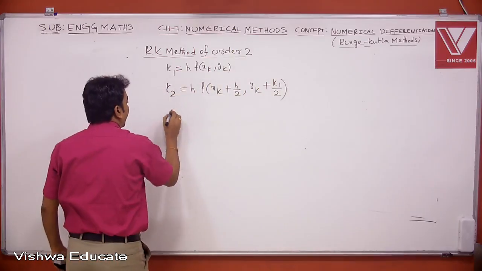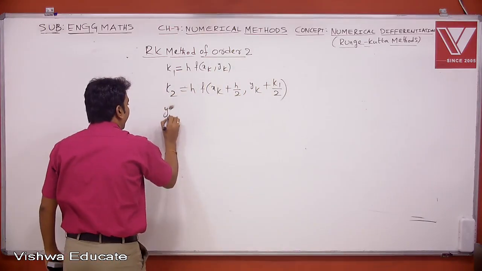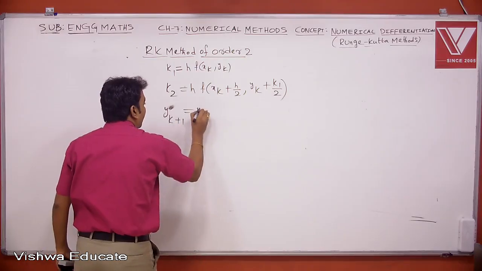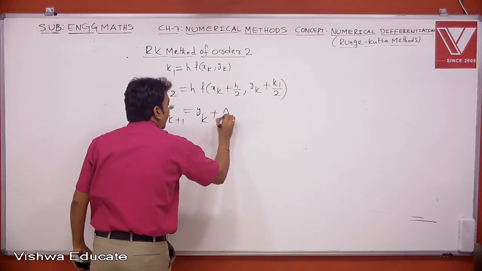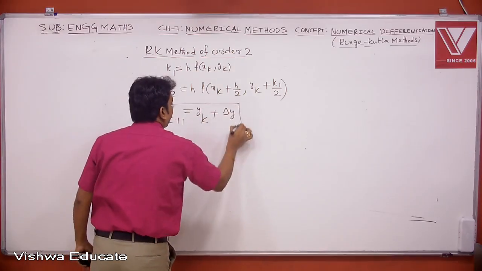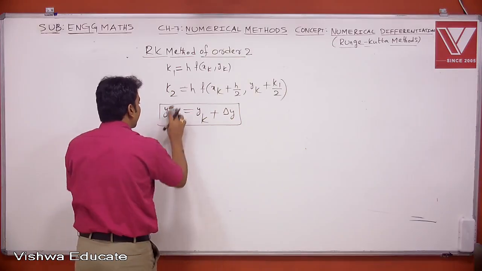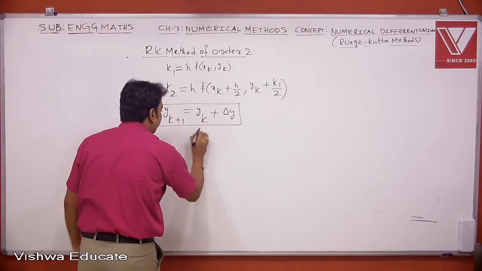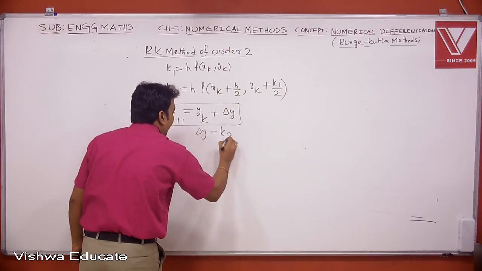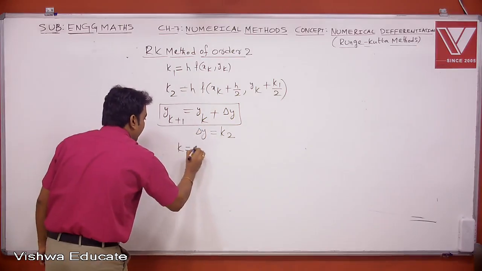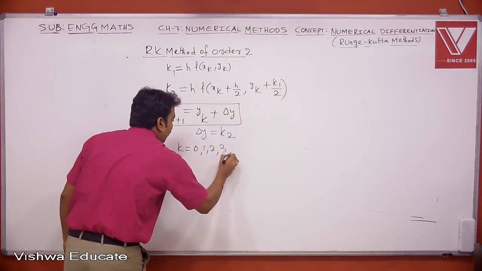So once I get k1 and k2, the value of yk plus 1 is yk plus delta y. This delta y is nothing but the value of k2. Of course, here k starts from 0 onwards.